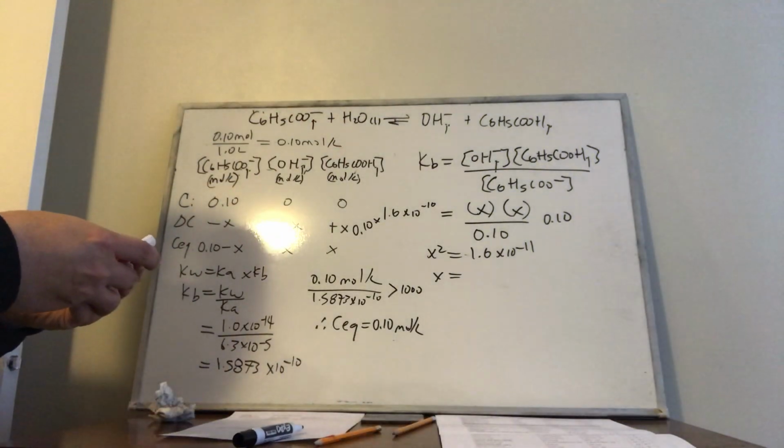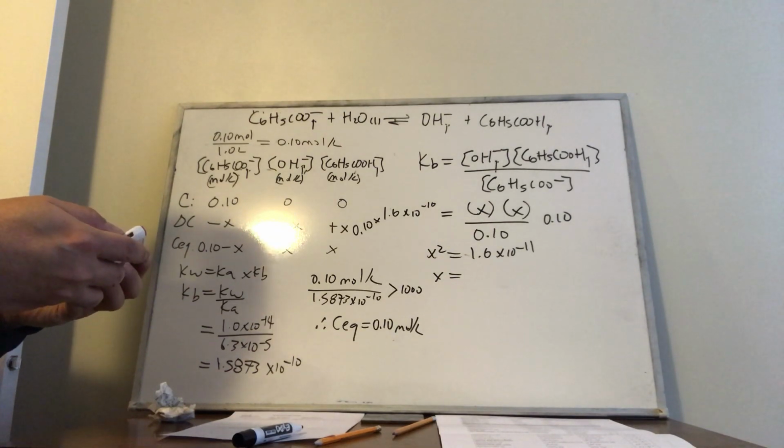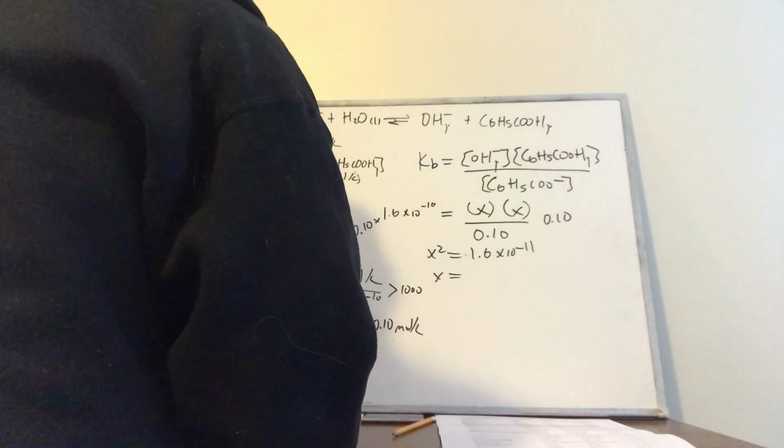So first of all, times 0.1. And then I'm going to square root. And I think that this actually looks like it's probably about right. So it looks like it's 3.984 times 10 to the minus 6.